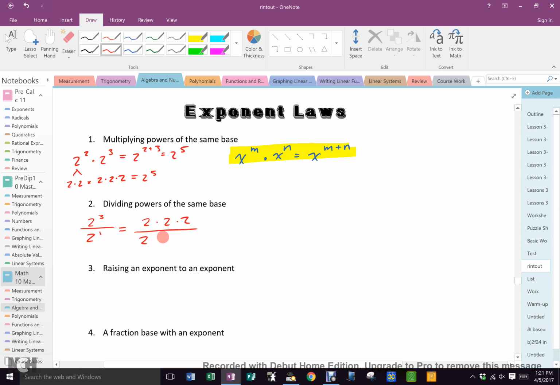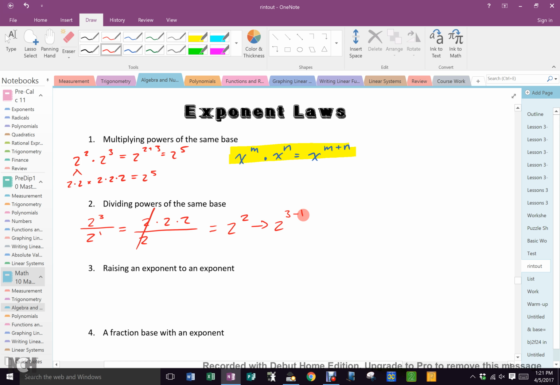You've been taught by all your math. You just cancel, which is wonderful until you have to cancel a bunch of stuff and you're like, oh, why am I able to do that? Because you don't really know it's dividing. You just think it magically disappears. So they will cancel and I will be left with 2 squared. And the shortcut is 2 to the 3 minus 1.